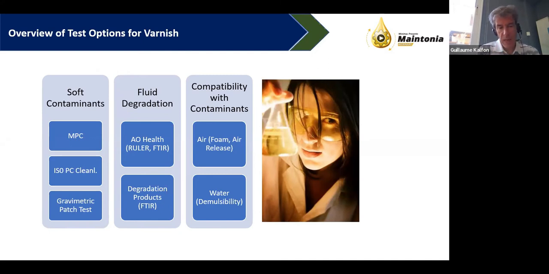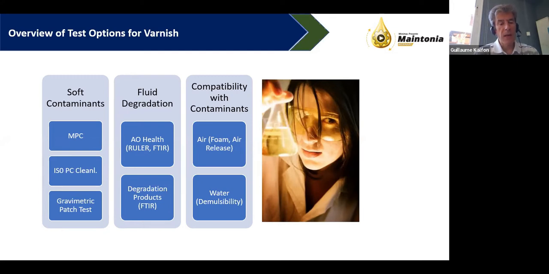We do that by the MPC test, and to a lesser extent, but still, with the particle count, the ISO 4406. Okay, and we can also measure the membrane by weight. This is called the gravimetric patch test. Okay, this gives us the understanding of how much of these dangerous soft contaminants we are having.